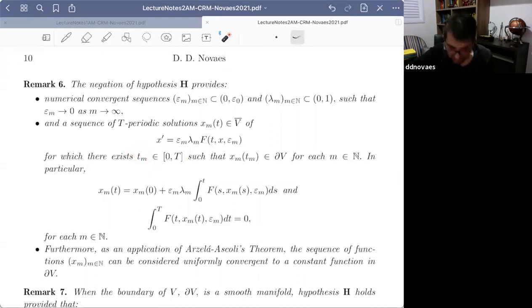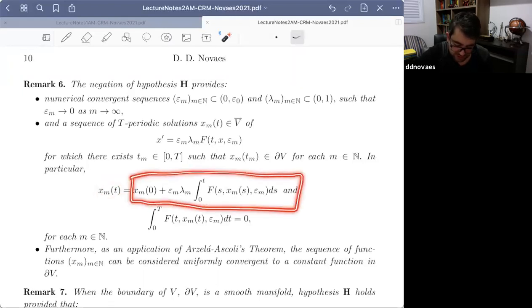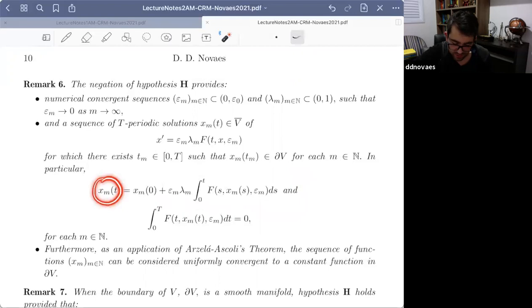In particular, we get that x m of t is equal to this, because x m is a solution of this difference equation. Then we have the integral characterization of solutions: it's equal to its initial condition plus the integral of the right-hand side of this difference equation.